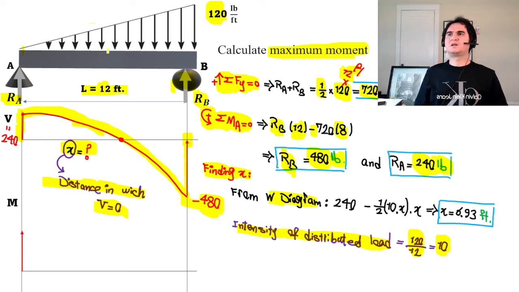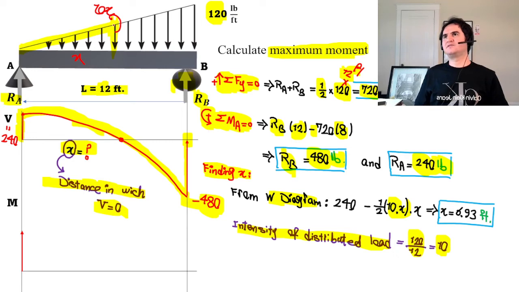So we have 240 shear at the beginning, minus the effect of the distributed load on shear, which cancels that 240. If we consider that it's 10x, and we travel by the length of x, this is the intensity times length.